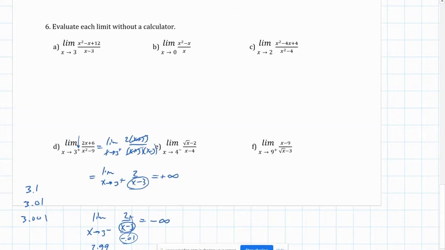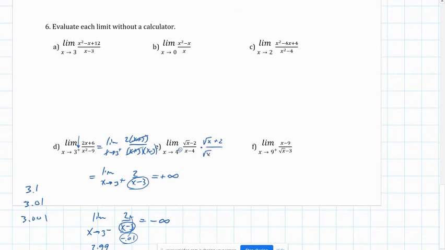Okay, and then we'll do the same kind of thing with problem E, it's approaching 4 from the left, but when I plug in 4, the denominator is 0. So we want to try to figure out how we can rewrite this. One nice trick that usually works when you have radicals is to try multiplying by the conjugate on the top and the bottom.